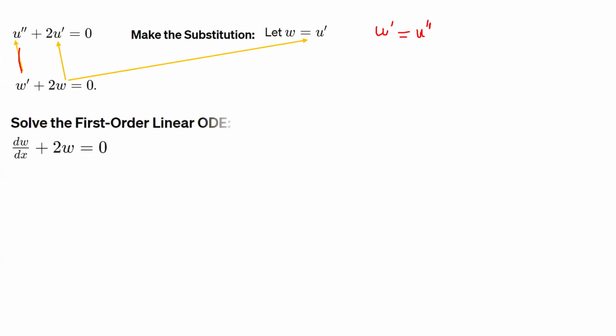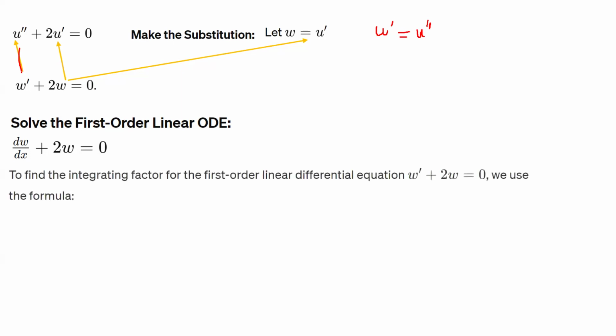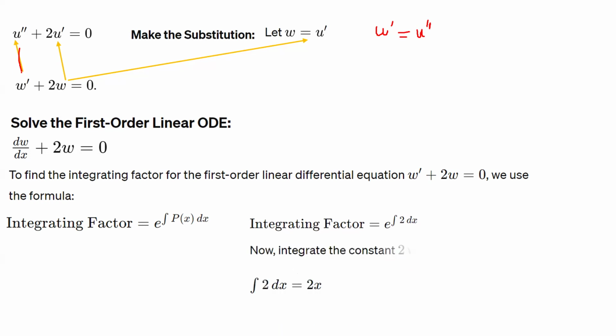You now have a first order linear differential equation that you already know how to solve. You can find the integrating factor. The integrating factor is e to the integral of p(x) dx. But p(x) is just 2, so you have e to the integral of 2 dx, and the integral of 2 dx is 2x.